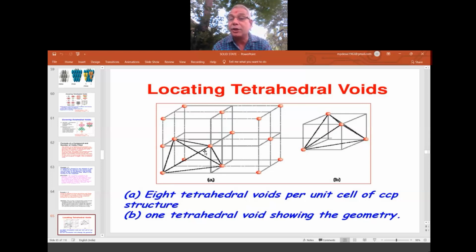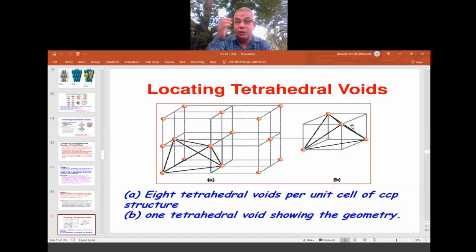So in the FCC packing, take out one unit cell. Now if you join all 4 of these points: these are the opposite points of the front face, and these two are of the face at the back.